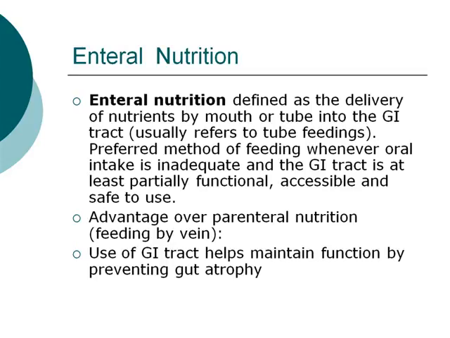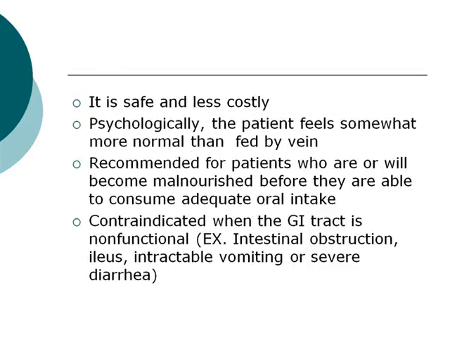It is advantageous over parenteral, because parenteral, remember, is by vein. And if we're using the GI tract, it helps maintain function by preventing the gut from atrophying by not being used. Just remember to have your person on I&O if they are on enteral nutrition.